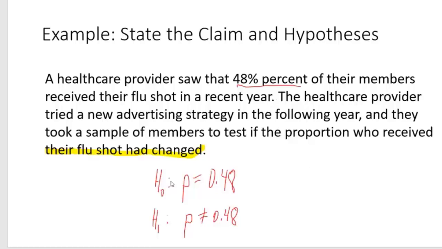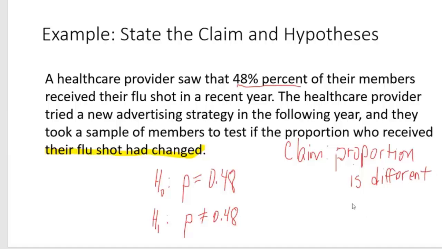So if we've got the two hypotheses here, the claim would be that the proportion is different than 48%.